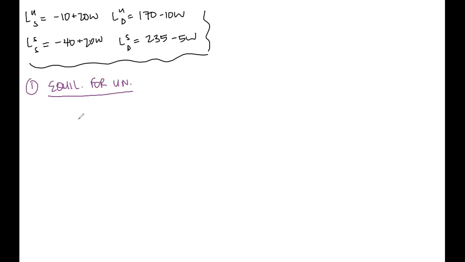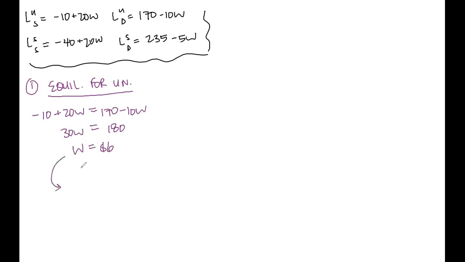And as we've seen before, all of these are isolated for L, so we can easily just set the two equal to each other. So this is going to be with the top row of equations. So -10 plus 20W equals 170 minus 10W. Solving for this, we can see it becomes 30W equals 180, and then dividing each side by 30, we get W equals $6.